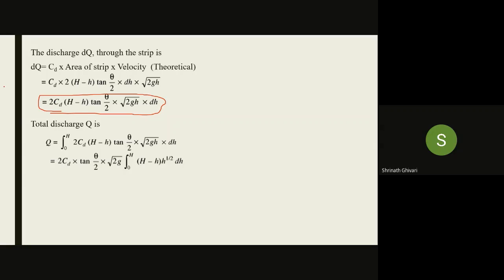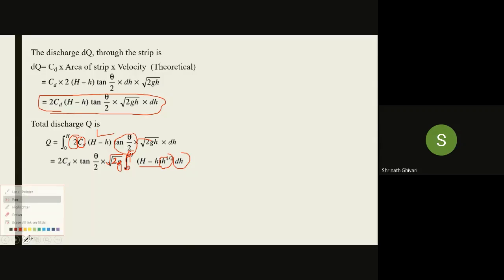So 2 CD tan theta by 2 square root of 2g, integration from 0 to h of (H minus h) into, when I take the square root out, h raised to 1 by 2 into dh.